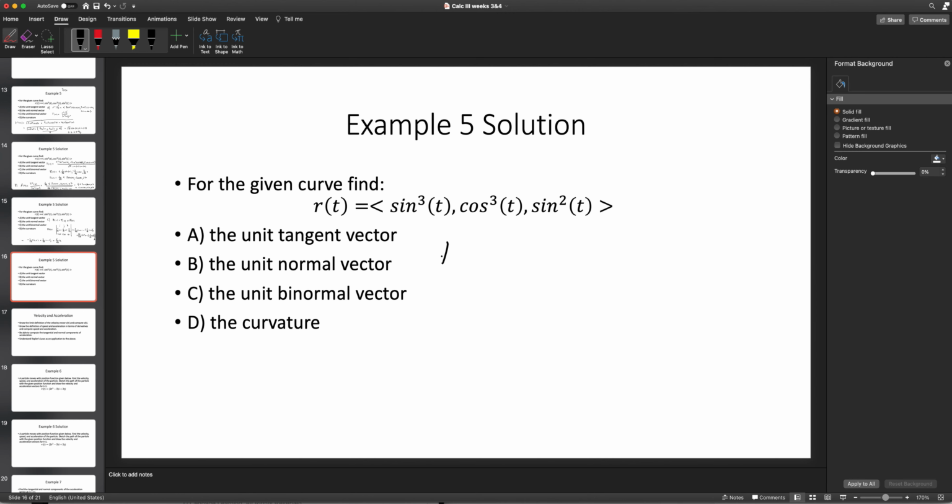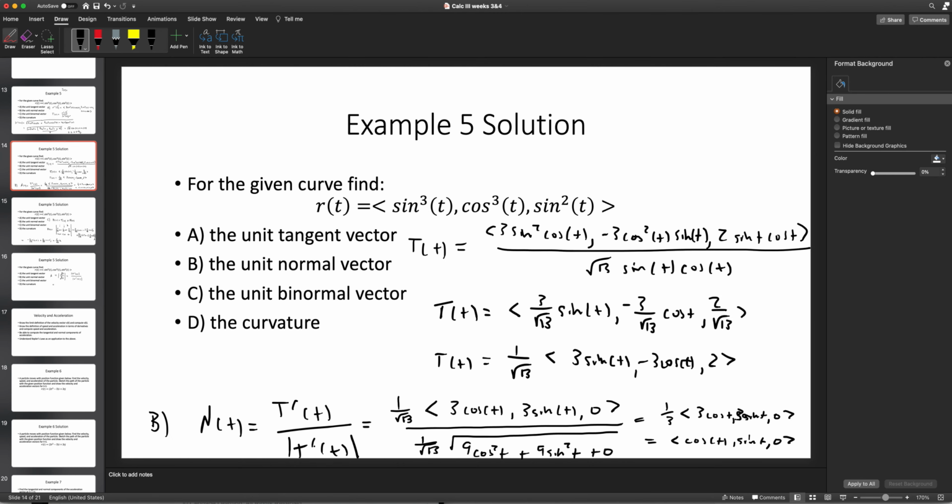So kappa is equal to dT over ds, which is equal to the length of T prime of t divided by the length of r prime of t. The nice thing is that we already computed T prime and r prime of t, so we can go back.